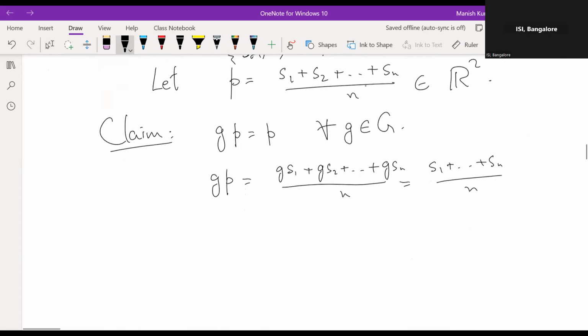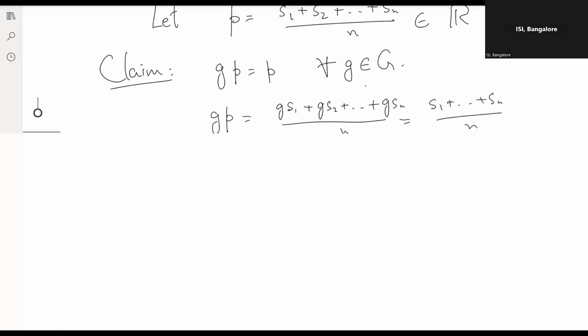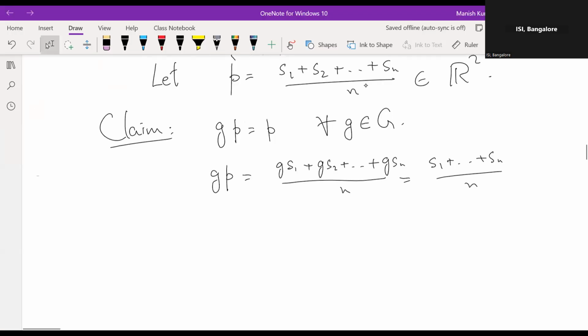Okay, but the problem is I don't know why this G preserves addition and so on. It's not linear. G is some element of this group G, so it's not necessarily a linear map. That's why I can't write this formula.